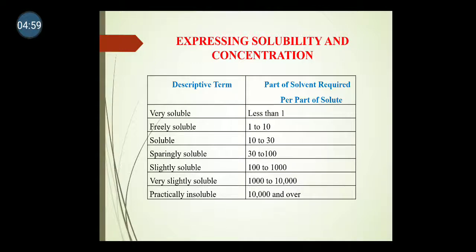The drug is very slightly soluble when one part of drug is soluble in 1000 to 10,000 parts of solvent. Similarly, the drug is practically insoluble when one part of drug is soluble in more than 10,000 parts of solvent.